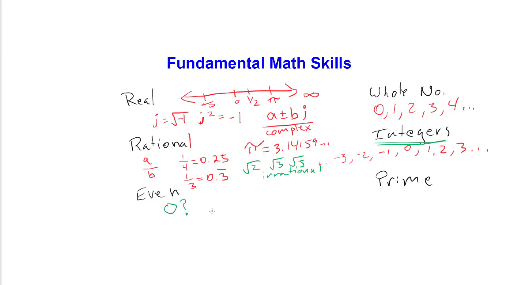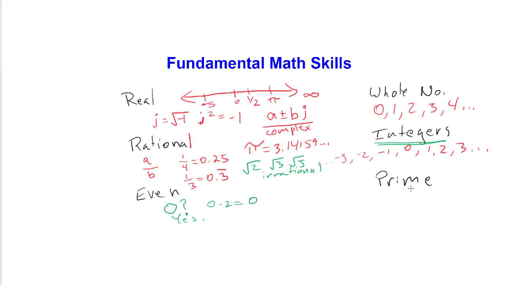There might be some debate there, but 0 times 2 is 0, so 0 is technically a multiple of 2, so therefore 0 is even, I would say, yes. Any number that's divisible by 2 or has 2 as a factor is even. It ends in 0, 2, 4, 6, or 8. And then every other integer, 1, 3, 5, 7, 9, will be an odd integer.